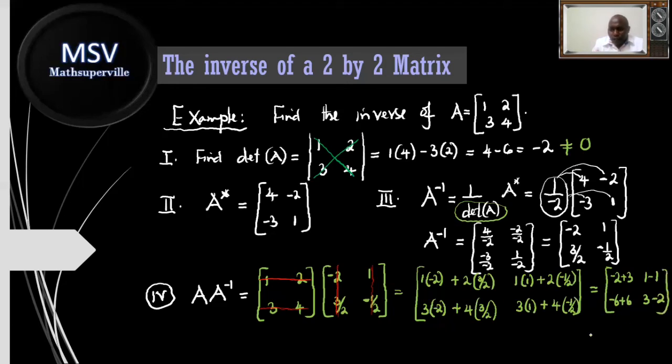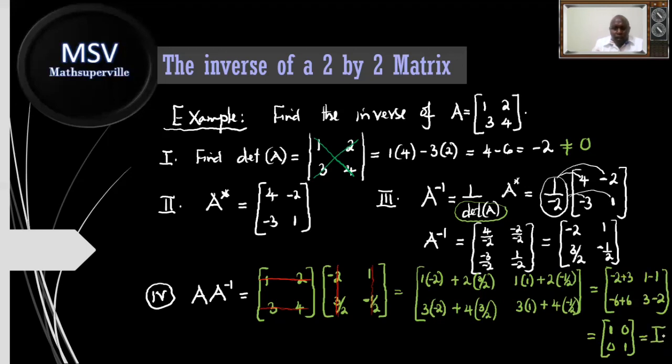And as you can see, our result is the identity matrix, which is 1, 0, 0, and 1. That is what we expected. We expected that the product of A and A inverse should be the identity matrix. This is normally denoted as I.